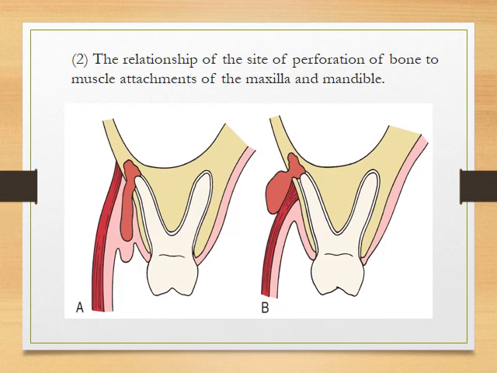This will play a significant role in determining if this pus will accumulate as a vestibular abscess, if the perforation occurs beneath the muscle attachment, or a facial space abscess if the perforation occurs above the muscle attachment.